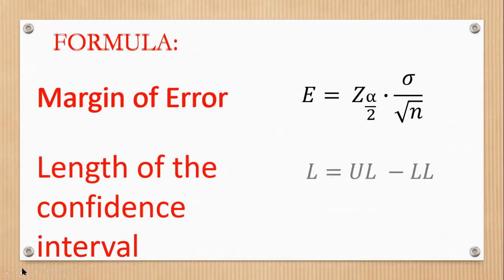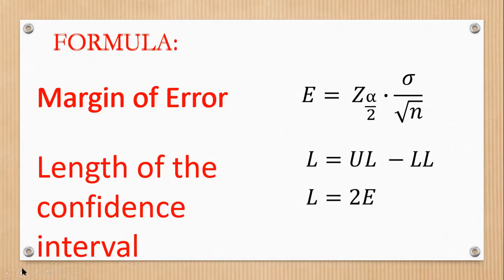So to find the length of the confidence interval, we have this formula. L stands for the length, which is equal to upper limit minus the lower limit. Or if in case the lower limit and the upper limit are not given, then you can use the formula to find the length of the confidence interval: twice your margin of error. Okay?